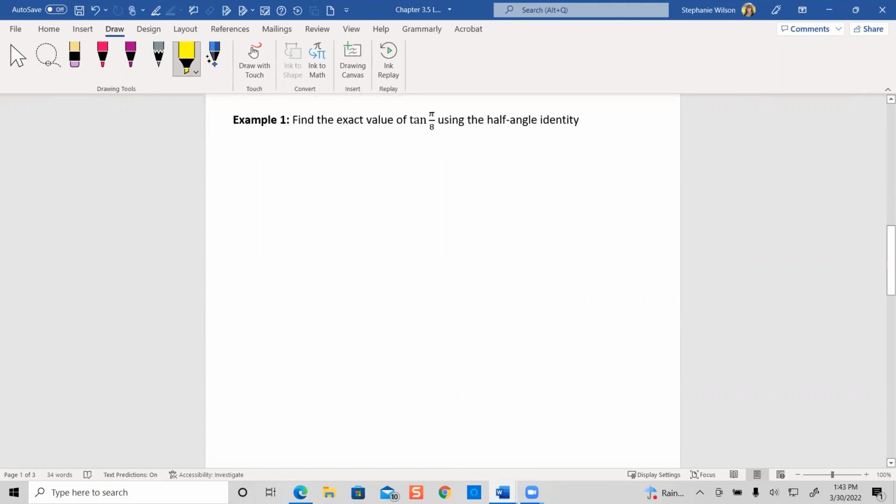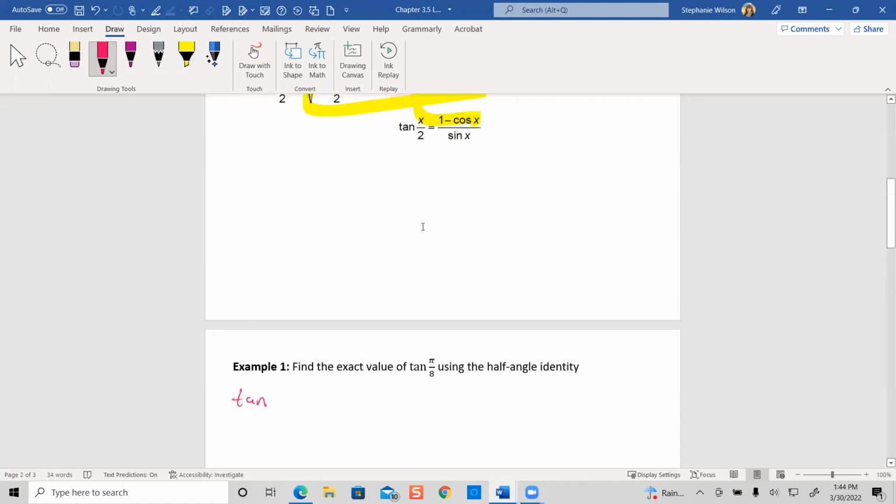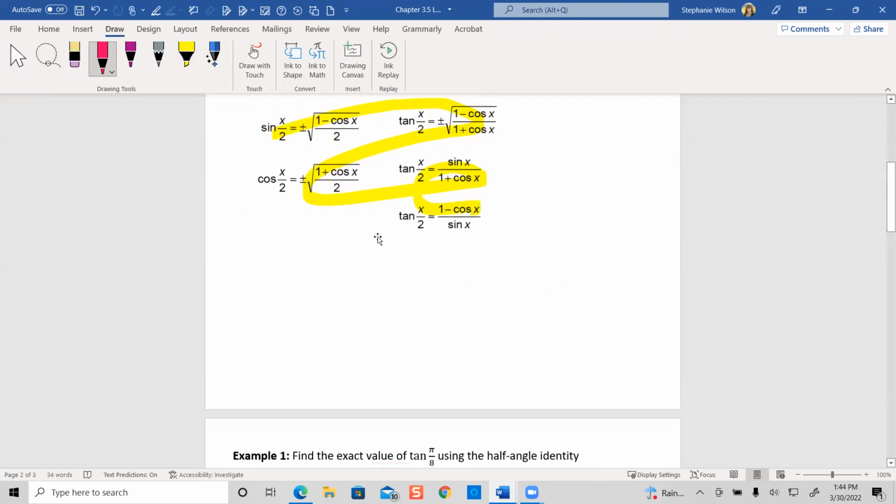So in example 1, it says find the exact value of tangent pi eighths using the half angle. Okay, so we are talking about tangent. Well, what do I know about tangent? Since we're using tangent, come up here to the formula.